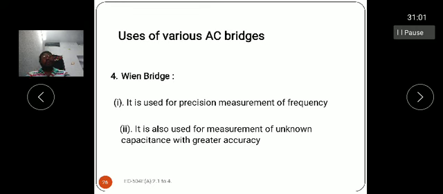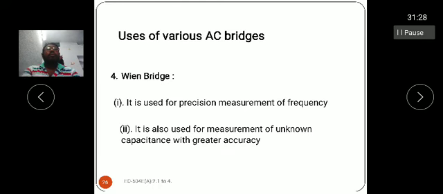We also have one more bridge, the Wien bridge circuit. It is used for precision measurement of frequency. The first two bridges are used for measuring inductance, the next two for measuring capacitance, and the Wien bridge is used for measuring frequency.